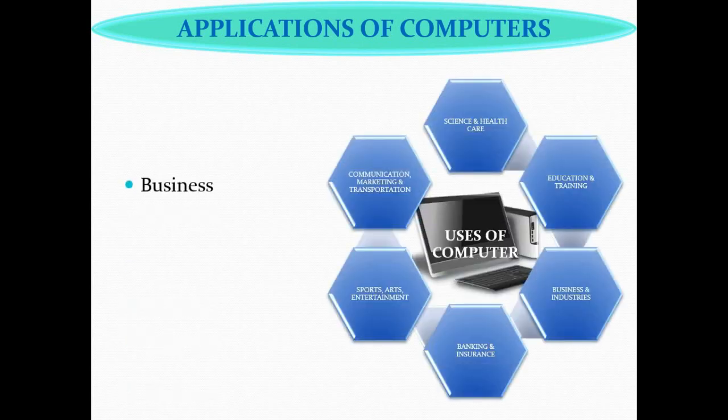So firstly, coming to business: high speed of calculation, diligence, accuracy, and versatility have made computer an integrated part in all business organizations, and it is used for managing employee database, payroll calculation, budgeting, sales analysis, financial forecasting, maintenance of stock.